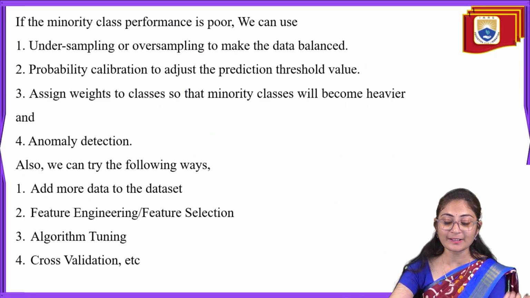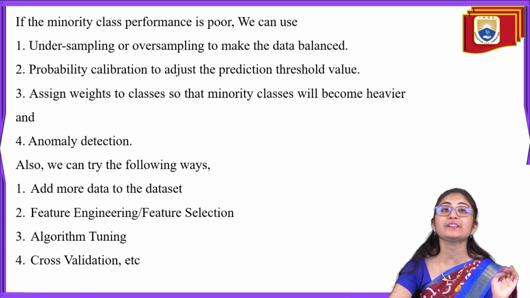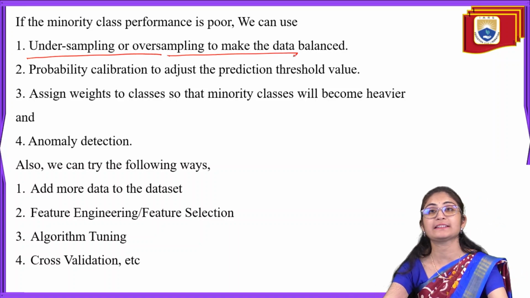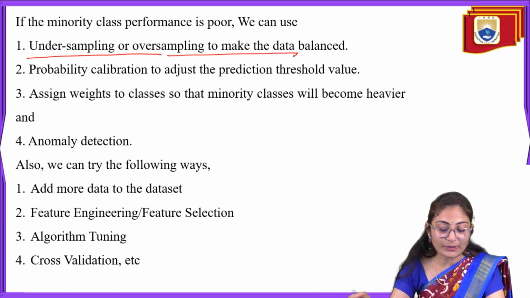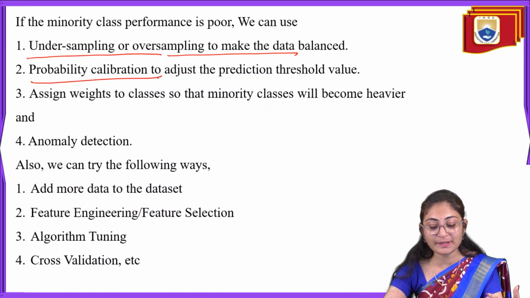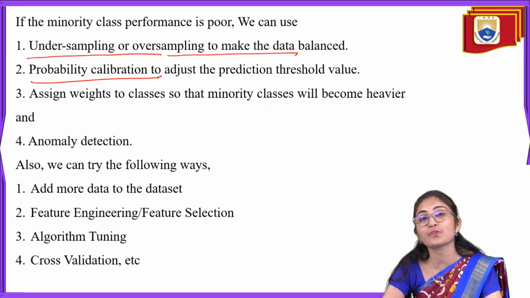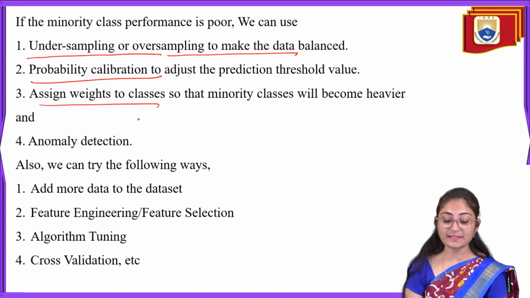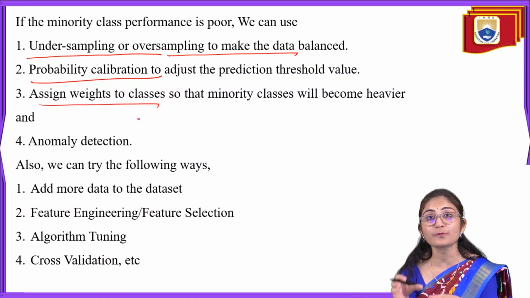If minority class performance is poor, then we can use undersampling or oversampling to balance the data. The second point is probability calibration, where we adjust the prediction threshold value. Then you have to assign weights to the classes, so that the minority class becomes heavier.